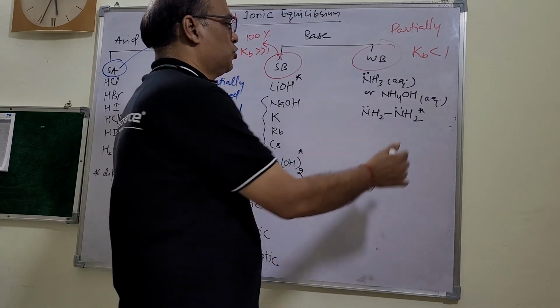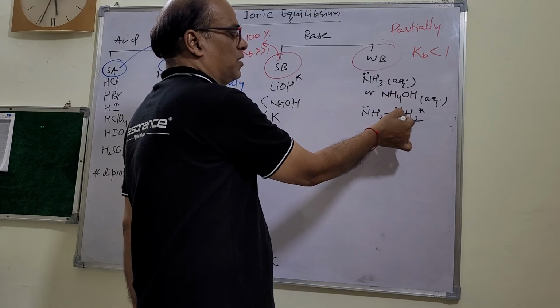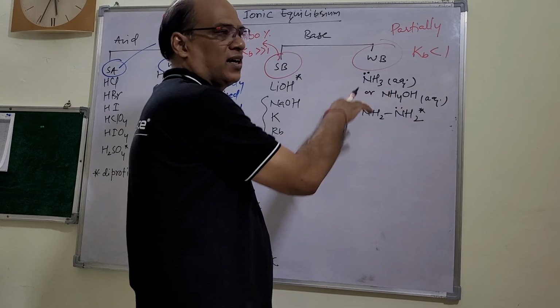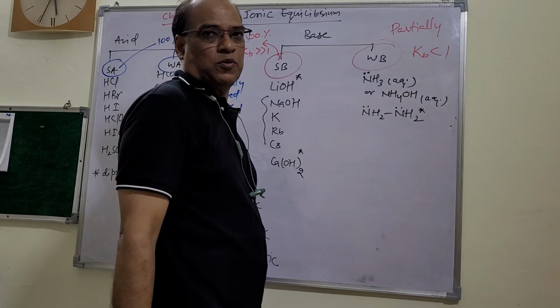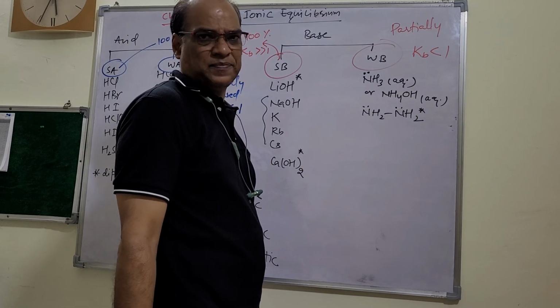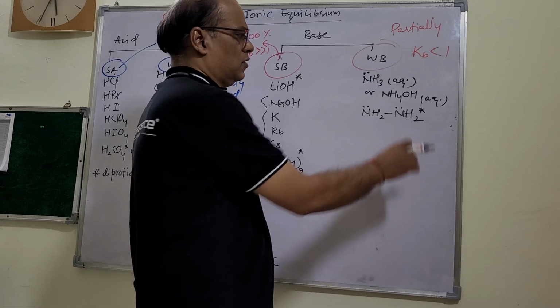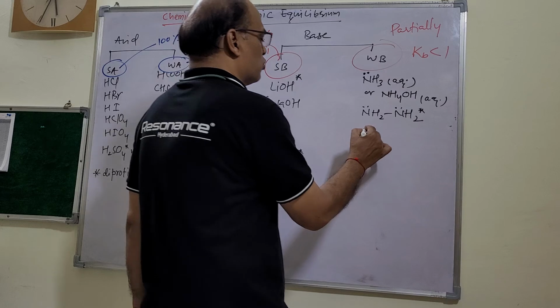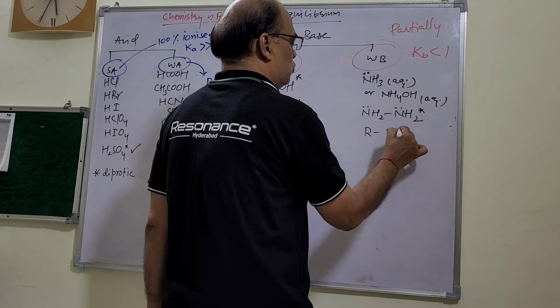But there is an issue. If it captures 1 proton, then it will become positive. Got it? Now for another proton, positive repulsion will be there. Are you getting me or not? So condition applied. Then mostly we have amines, RNH2.